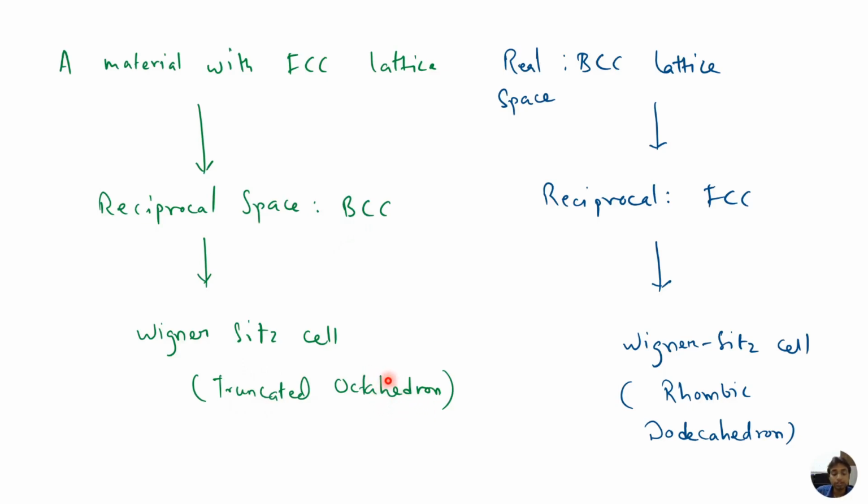So if your crystal is an FCC lattice, then its reciprocal space Wigner-Seitz cell will be a truncated octahedron. Similarly, if your crystal is a BCC lattice, then you will have an FCC lattice in reciprocal space, and the Wigner-Seitz cell corresponding to the FCC lattice is the rhombic dodecahedron.